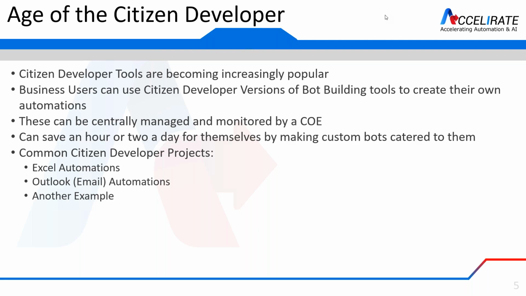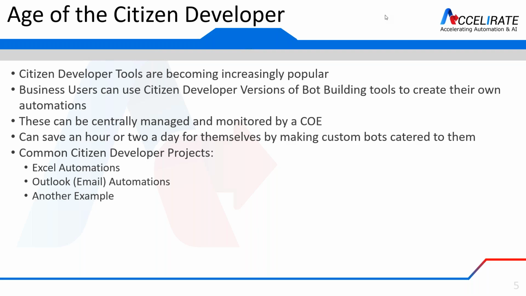Usually these automations can be managed from a central location by a central COE. Not only can they manage what is being automated, they can also provide some policy, some restrictions and security guidelines, and can monitor when these automations are executed and what they're doing. Hence, you have some risk mitigation there of the person who created the automation.